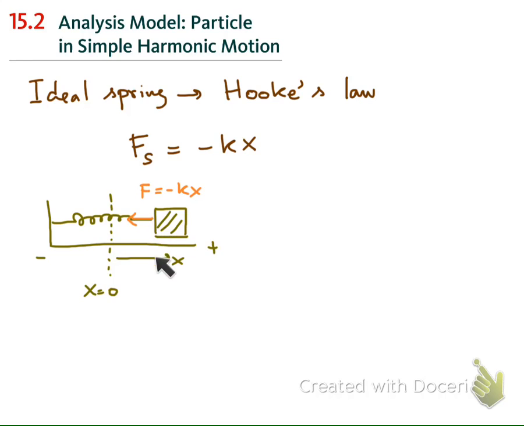So in this situation, the object is here and x is positive, so the force is negative in the sense that it points in the opposite direction to x. So this is the force for the object attached to a spring.